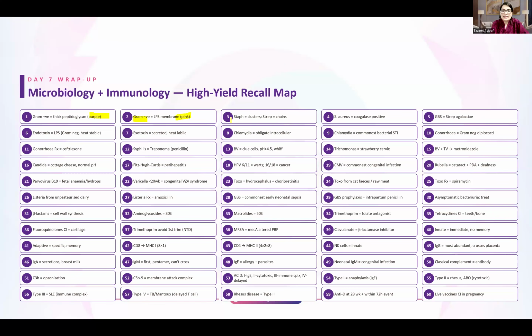Staph is in clusters and strep is in chains. Staph aureus is coagulase positive. GBS is Streptococcus agalactiae.